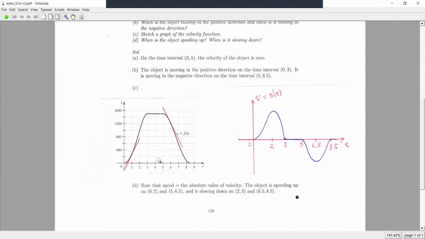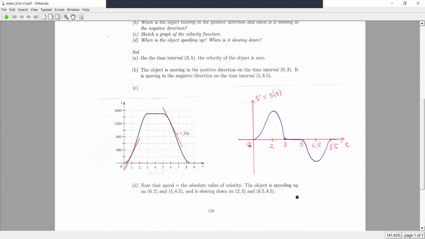The first piece is from 0 to 3. Between 0 and 3, the slope of any tangent line is positive. At time 0, the tangent line there is almost horizontal.